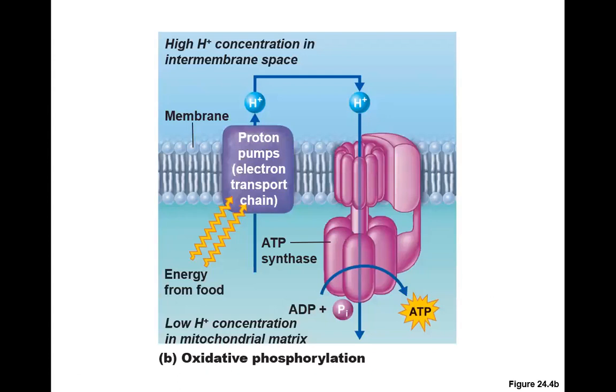Oxidative phosphorylation involves the movement of hydrogens across the inner membrane of the mitochondria and allowing them to pass through a special pump that makes ATP. So this is called oxidative phosphorylation. High payoff, a lot of energy involved here.